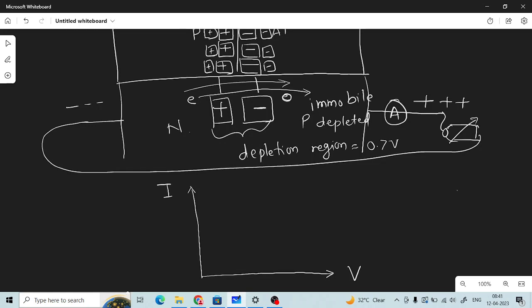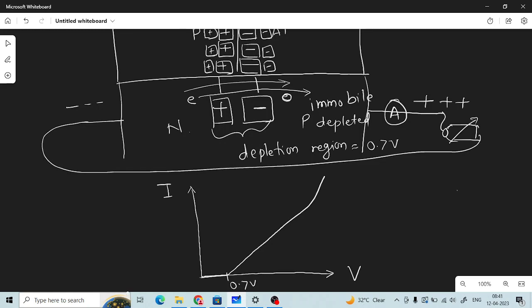So for silicon, unless the battery potential is equal to 0.7 volt or more, there will be no current. So consider this as 0.7 volt, and there is no current. And as this potential increases above 0.7 volt, almost linearly the current will increase.